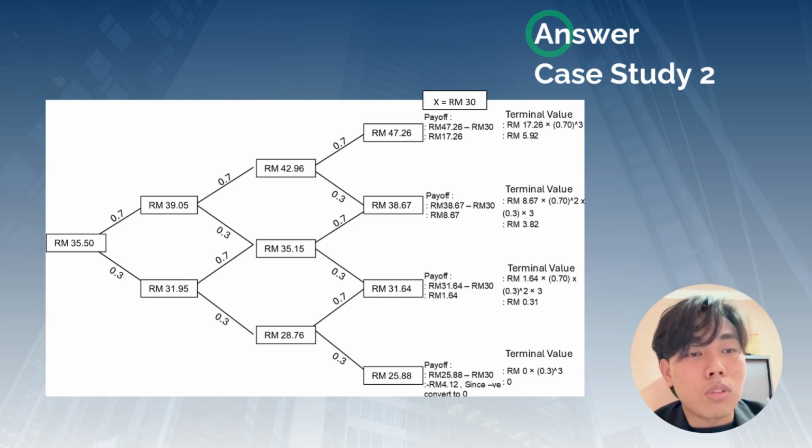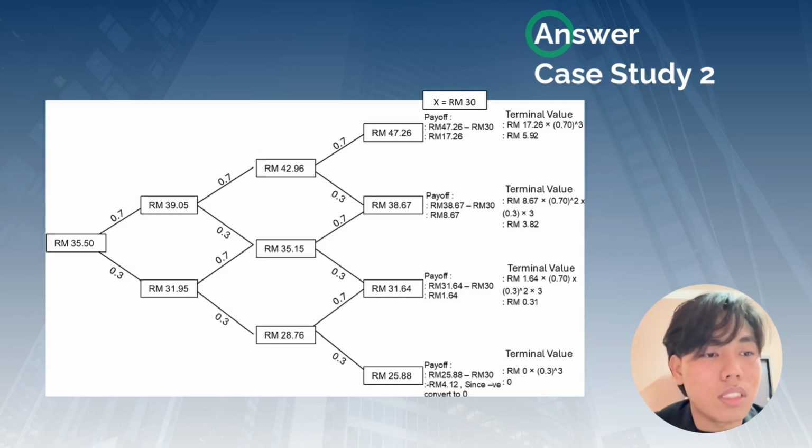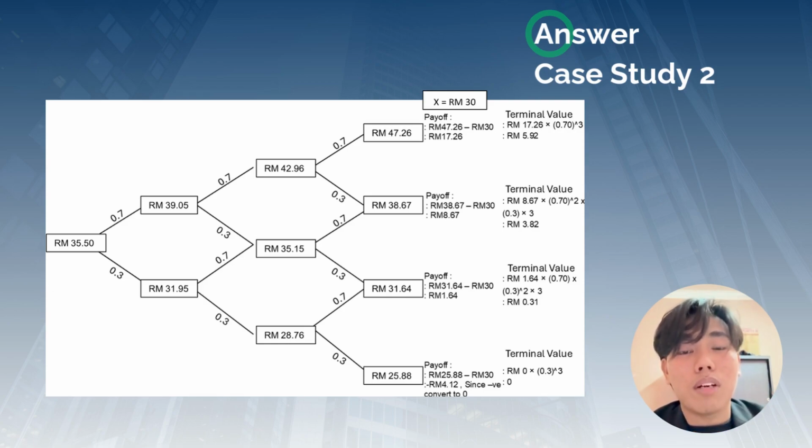For the second one, it is up, up, down, but it happens 3 times. So it is the same calculation, but you just need to multiply by 3 because it happens 3 times. And for the third box, it is up, down, down, and the same, it happens 3 times. After you get all this, you will get the answer for the terminal value.